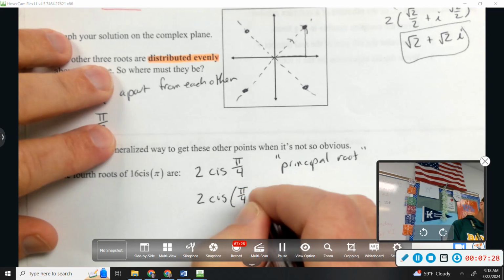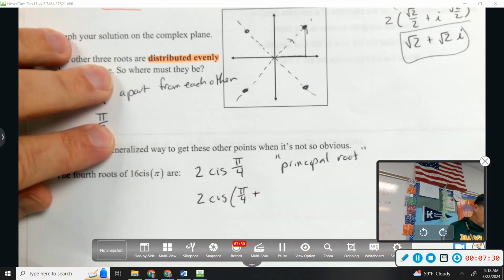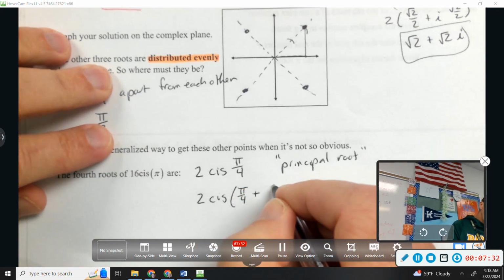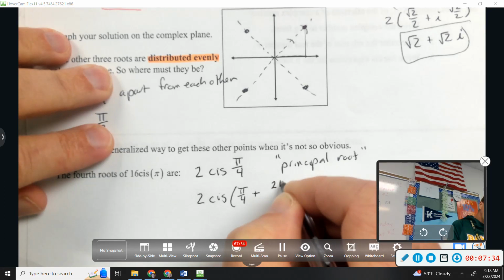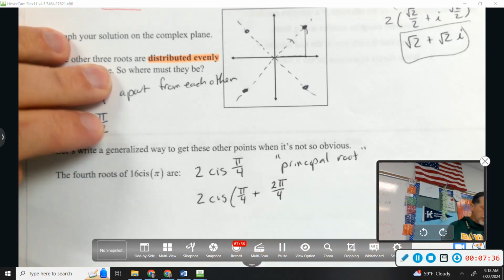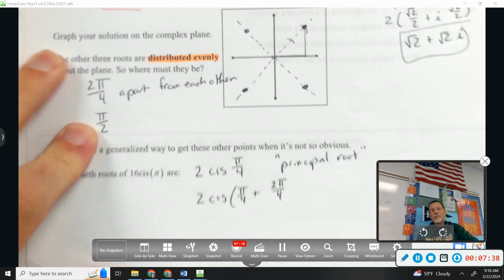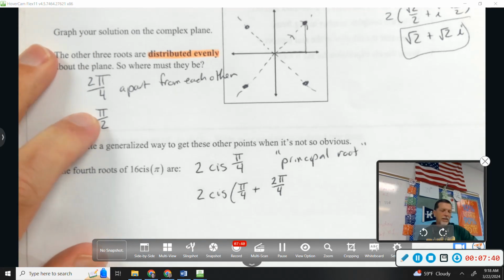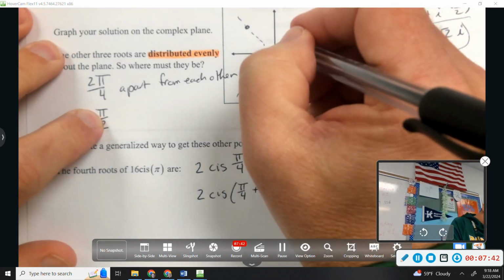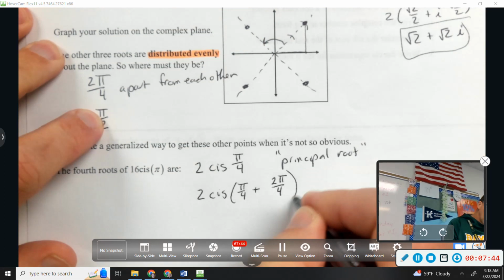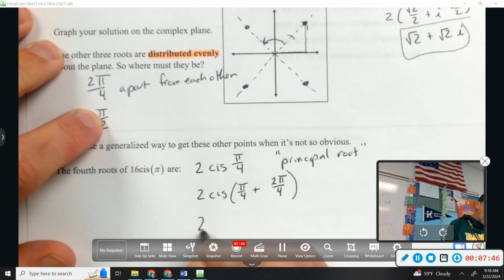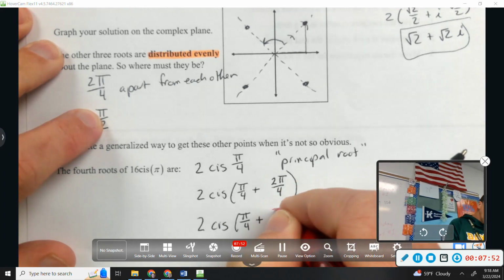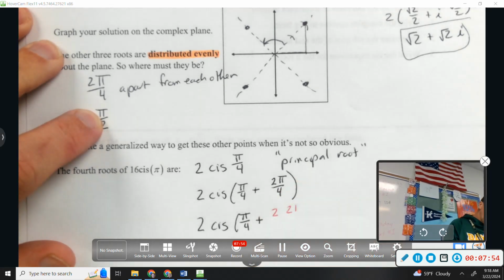So pi over 4 plus 2 pi over 4. I'm going to leave it as 2 pi over 4 because 2 pi is all the way around. So plus 2 pi over 4, that's our second one. The next one would be pi over 4 plus 2 times 2 pi over 4.